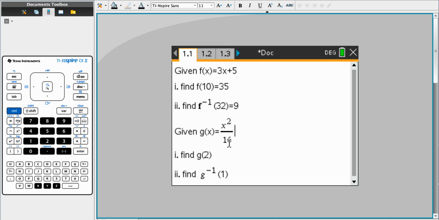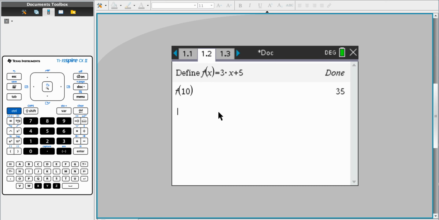Okay, let's look at the nonlinear function here. So I put g(x). So let's look at the calculator here. So if, let's say, I put f(x), this will override the previous f(x).